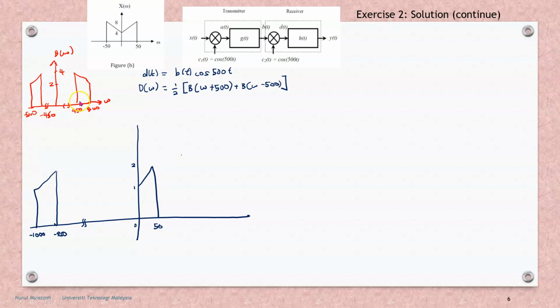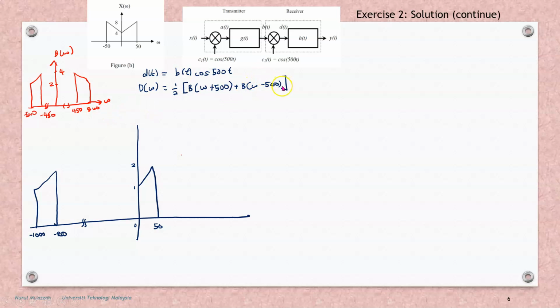So another signal here is this component, from 450 to 500. So first we take this part, this 500 on this scale. First it will be shifted to the positive side.